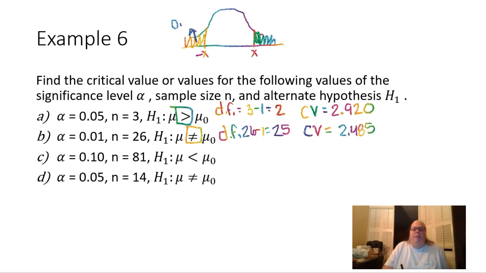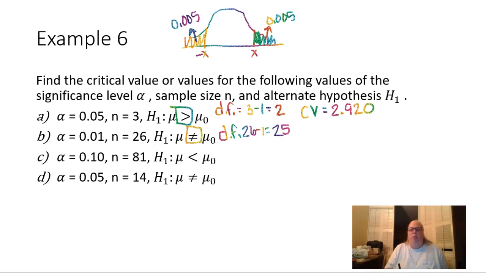That means that half of it is going to go on this side, and the other half of it is going to be going over here on this side. And so I just looked up the wrong, under the wrong column. I shouldn't be looking under 0.01. I should be looking under half of 0.01 or 0.005. So let's try that again.